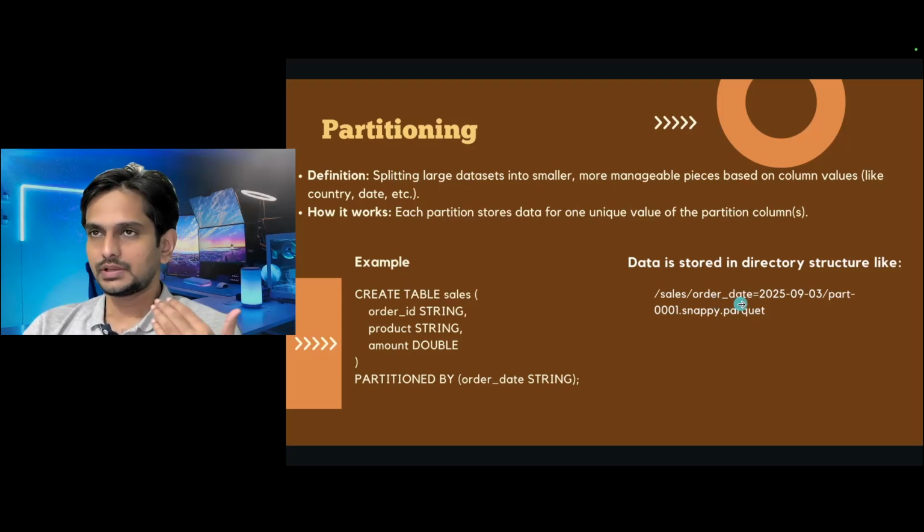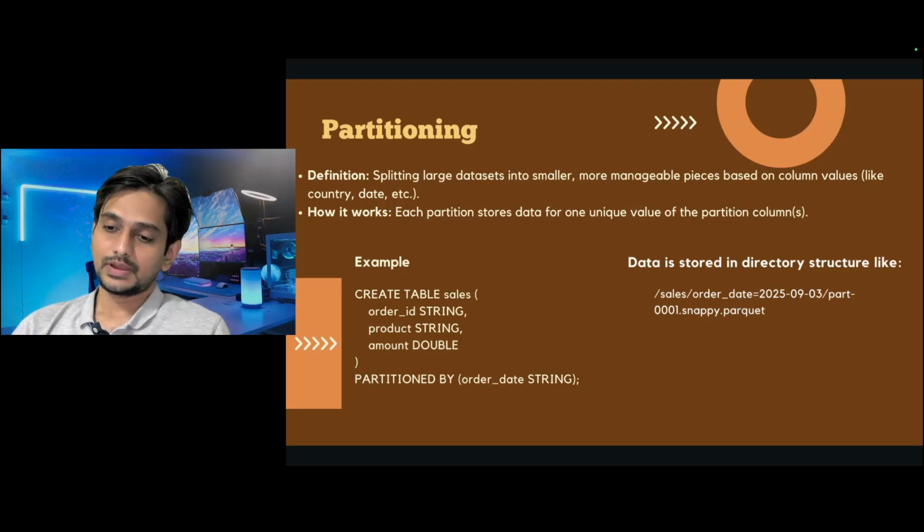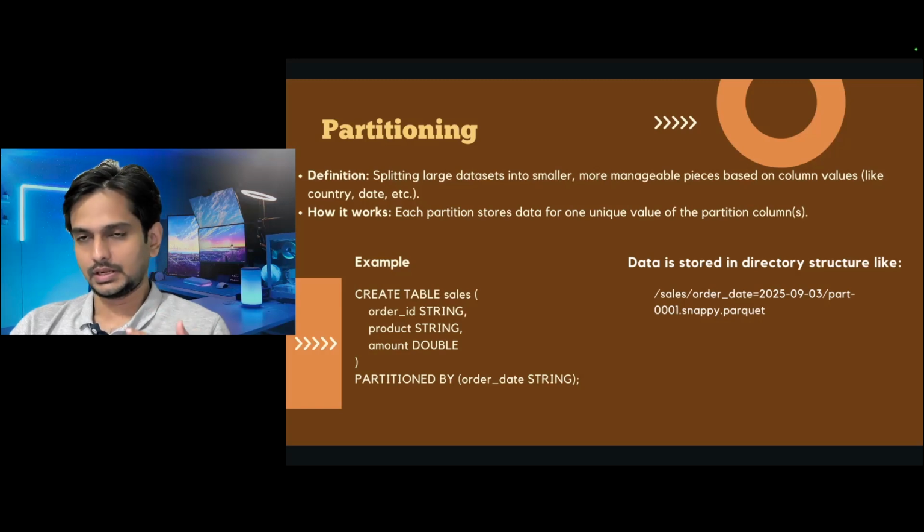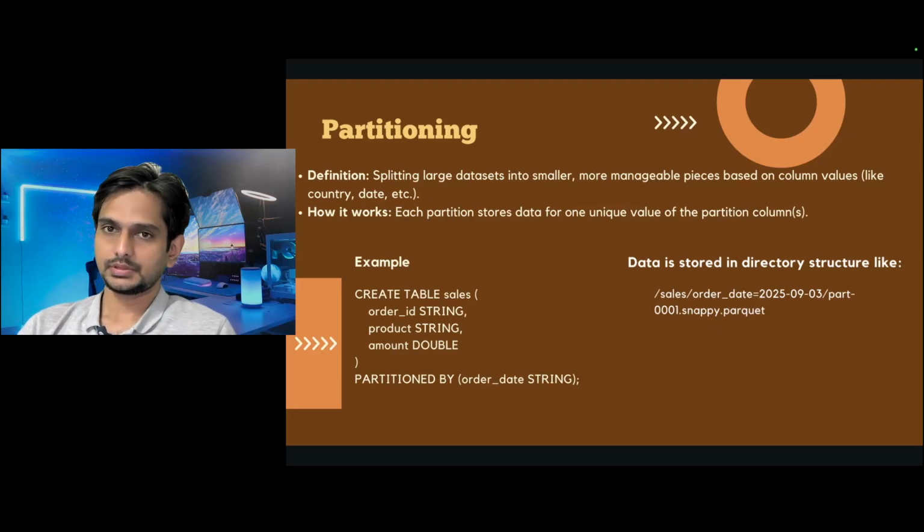So you can imagine if there is 10 years' worth of data. Instead of checking 3650 folders, it will just need to check one folder and get the data. You can see how much the amount of data scanned will reduce, and how much performance improvement can be achieved with this, right? This is called partition pruning.